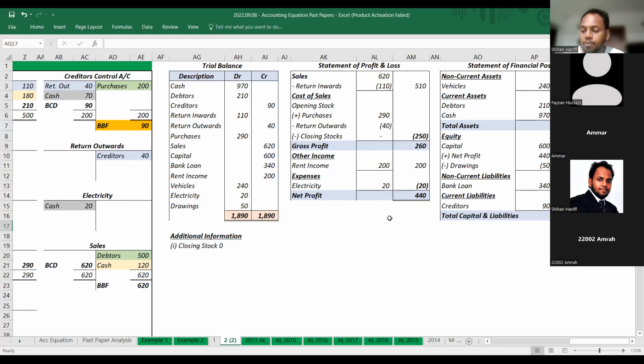Right. So tomorrow, I will be doing the past papers for accounting equation. I want you all to do all the past papers. Try to do all the past papers and come. If you all have doubts, anything you want to clarify, we can do it tomorrow. Okay. So is it clear? Did you all understand?